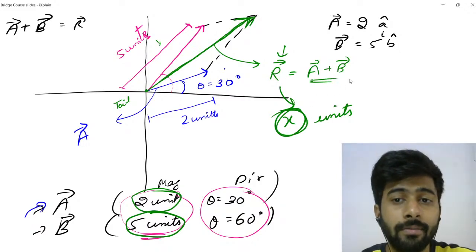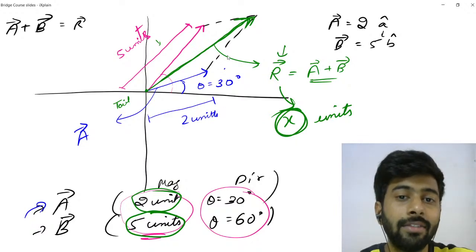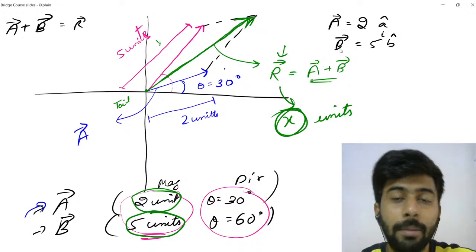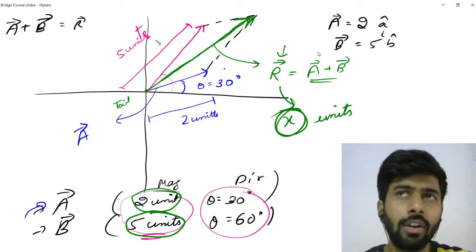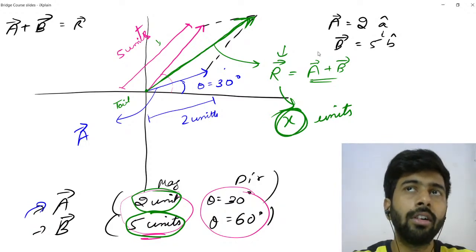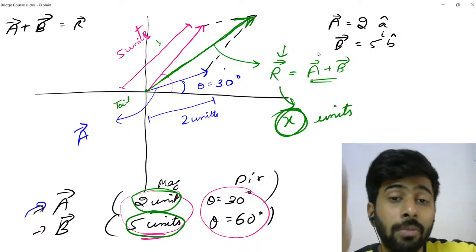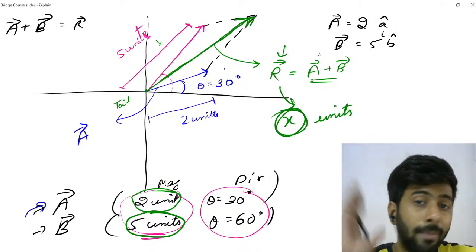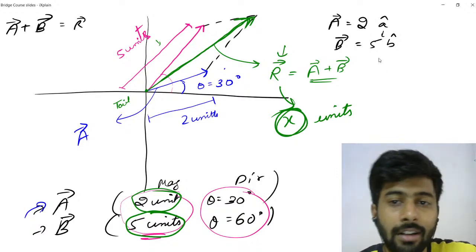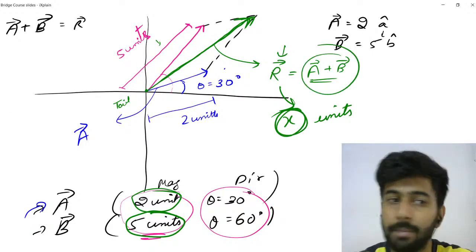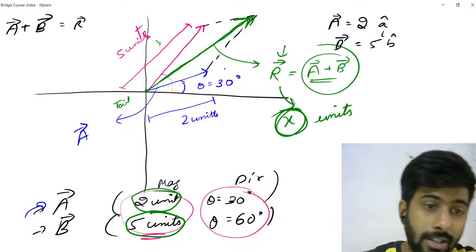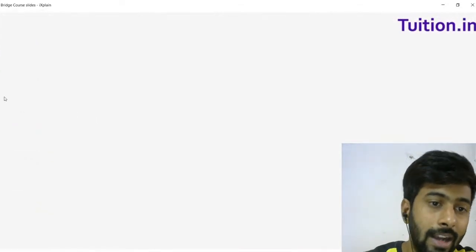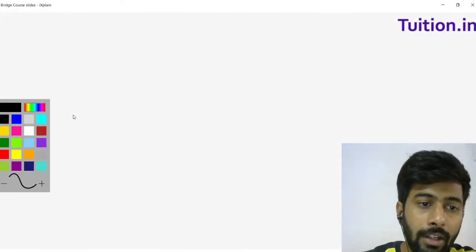Because this diagonal itself is A bar plus B bar. So if I can get the formula for the length of the diagonal of a parallelogram, I can use that formula itself to get the magnitude of A plus B vector. So let's derive that formula. Okay, how will we do that?